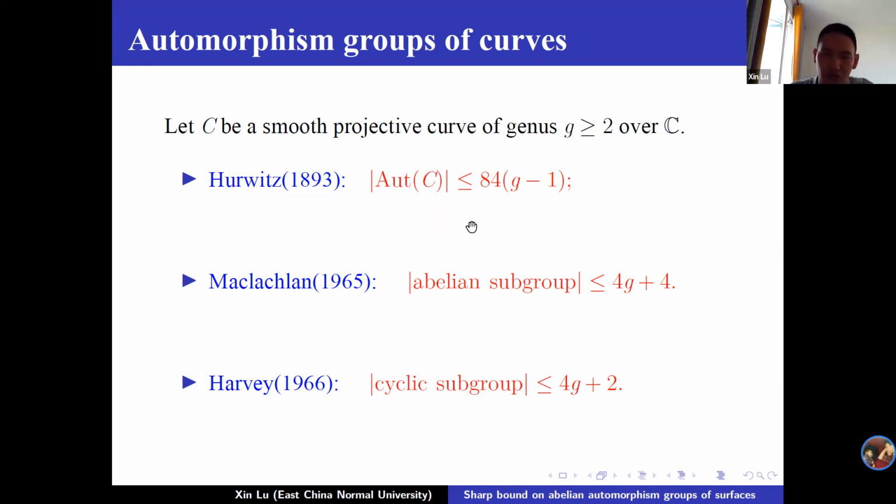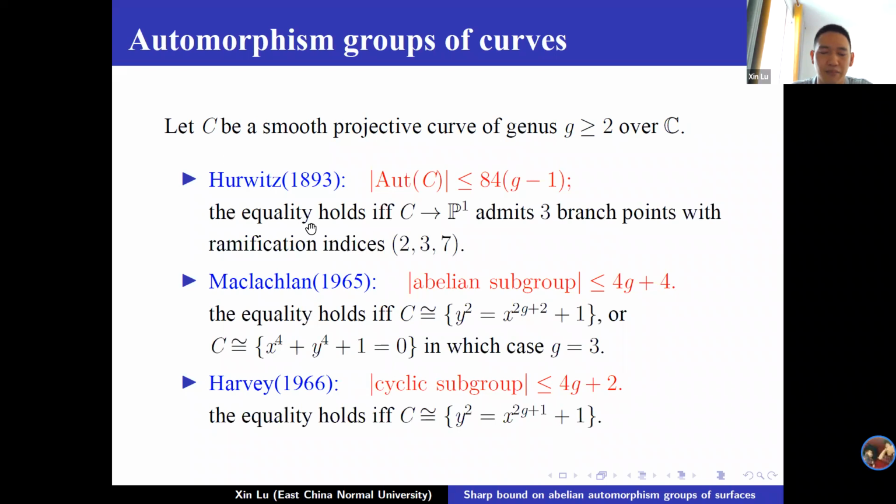And also we know that these three upper bounds are sharp. I mean, there are examples of curves which admit an automorphism group reaching each of these three upper bounds. And we also have some characterizations for the equality.